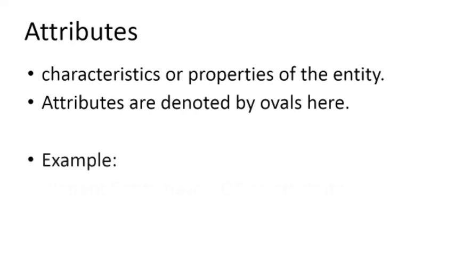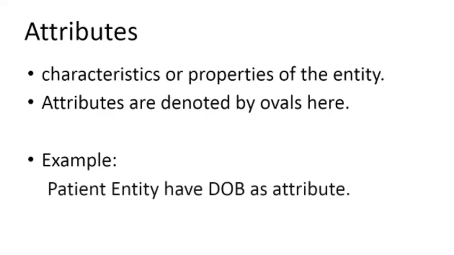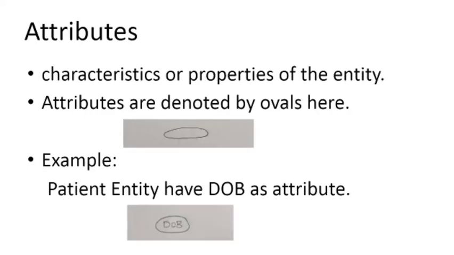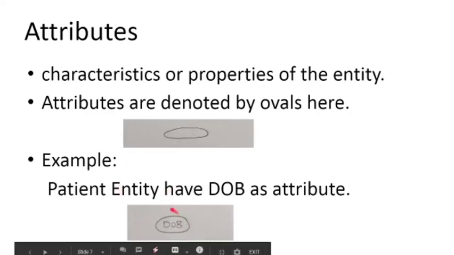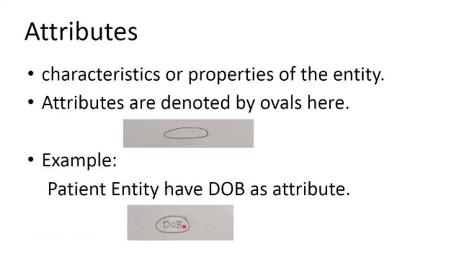Some of the examples are: patient entity has DOB as an attribute. DOB is nothing but date of birth. So we will represent the attribute in an oval shape, and inside the oval we write what that characteristic, what that property is. Now we are clear with what the attribute is.